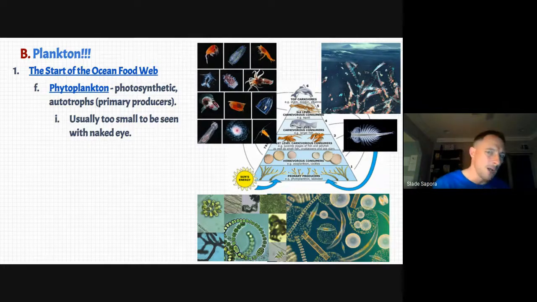There are those weird little chemoautotrophs, we call them, and they do synthesis down in the bottom of the ocean using chemicals from hydrothermal vents. Anyway, we're talking about phytoplankton here, and these are photosynthetic, small autotrophs, primary producers, and they sit at the bottom of the ocean food web. They are the base of the ocean food web.